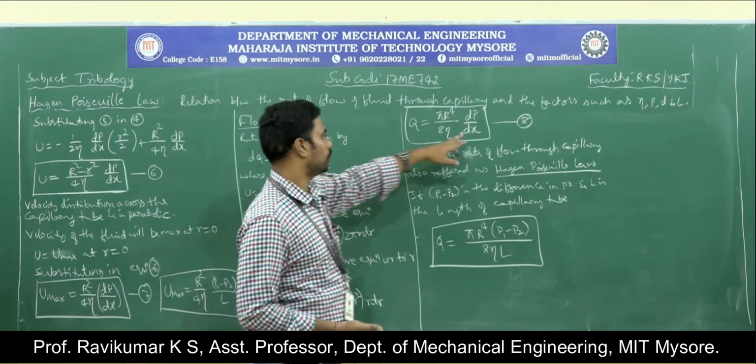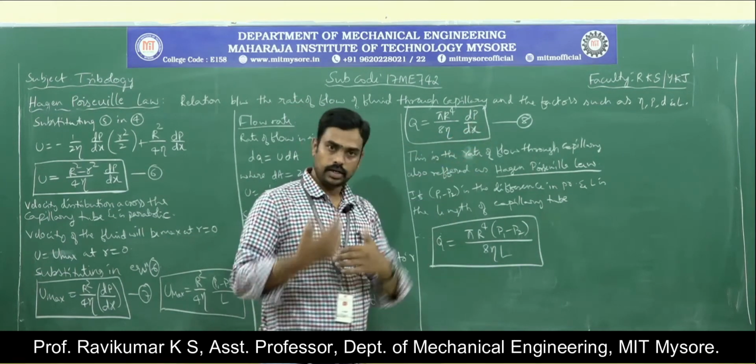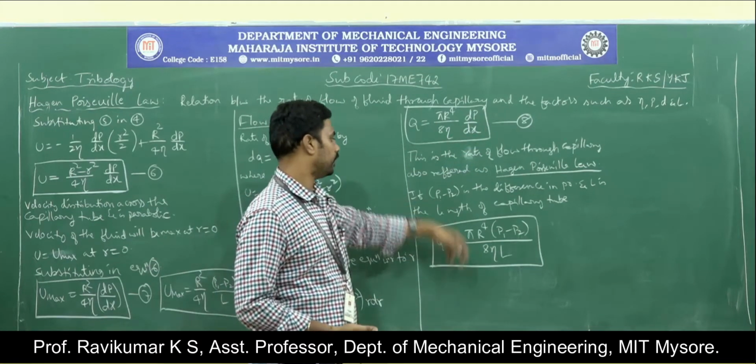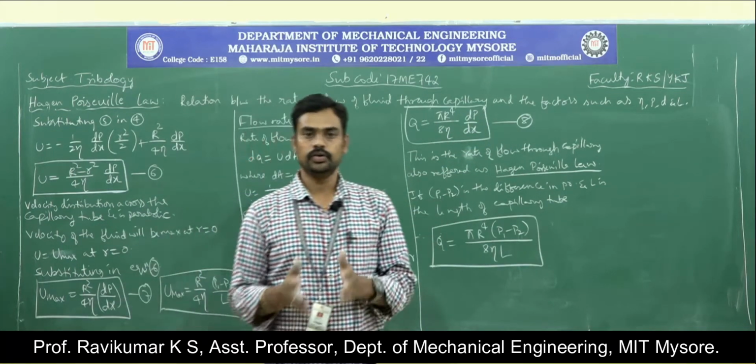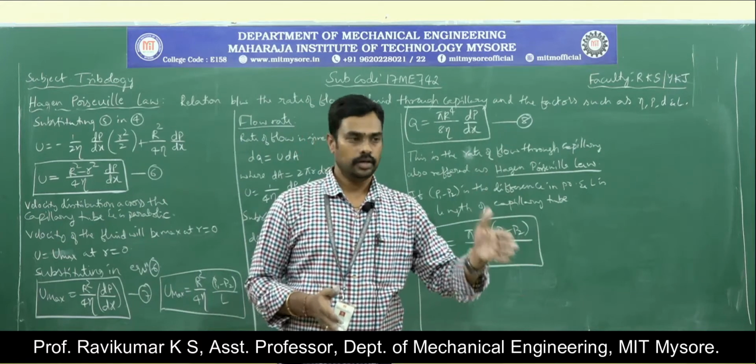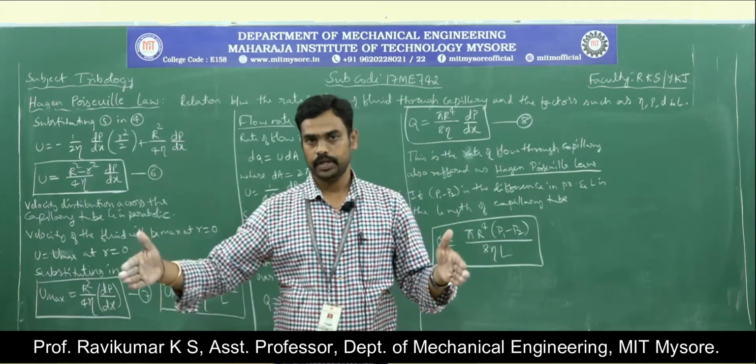Then L is there in the form of dx. If you want to write the pressure and length explicitly, consider P1 at the entry point of the capillary tube and P2 at the exit point.